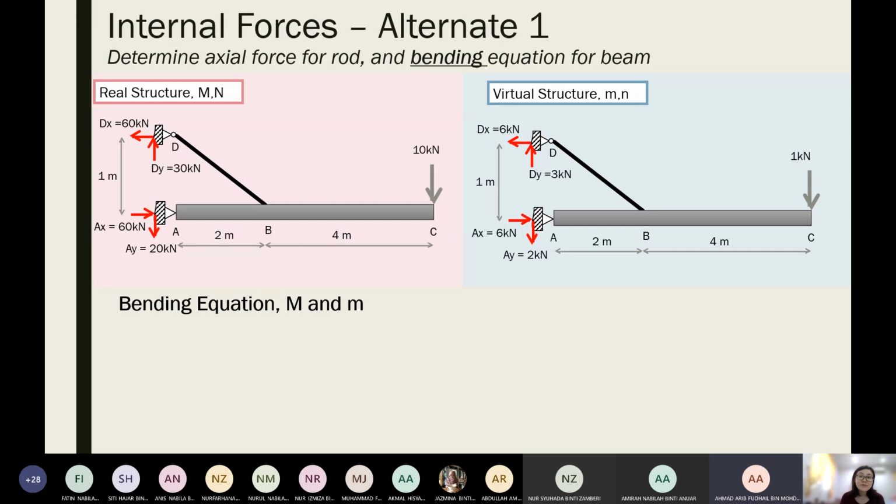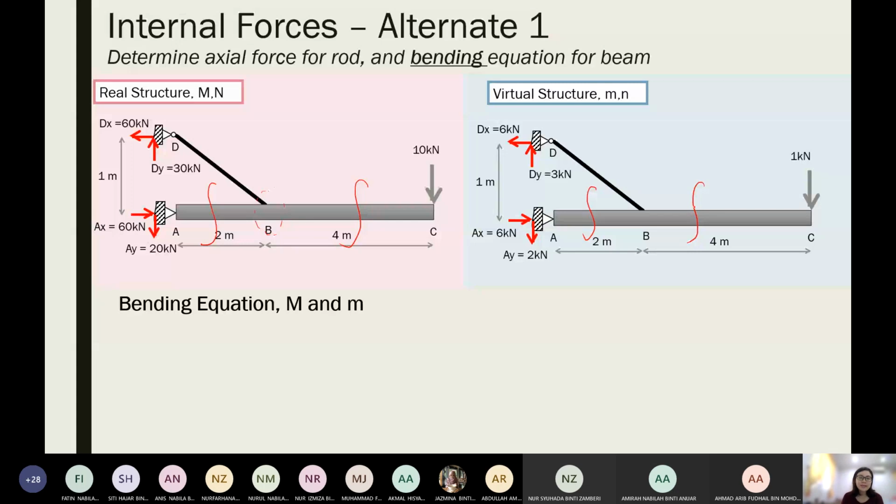We do not need to cut the rod because there is no moment in the rod at all. But the rod has this force, the n DB, so there will be some differential in terms of loading at B here. Therefore, you need to cut two sections. Similarly, you will cut two sections for the virtual structure.